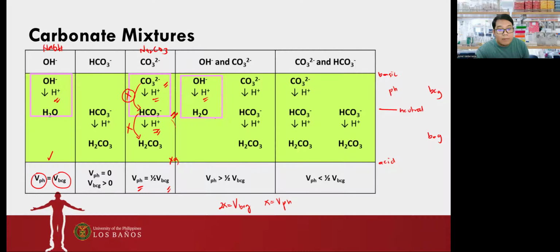So there is a certain amount of H plus that will be used. Then, additionally, there is a certain amount of H plus that will be used to convert carbonate to bicarbonate ion. So, kapag all of these are converted to water and bicarb respectively using your standard acid, that will reach your endpoint. Doon pa lang natin makikita si faint pink.